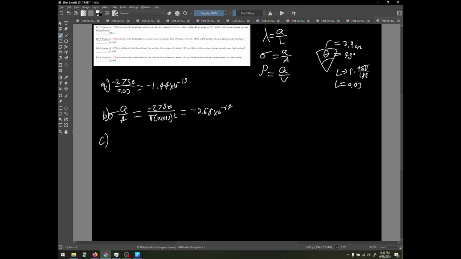Now let's do C, which is still going to be this equation. But now it's a sphere.